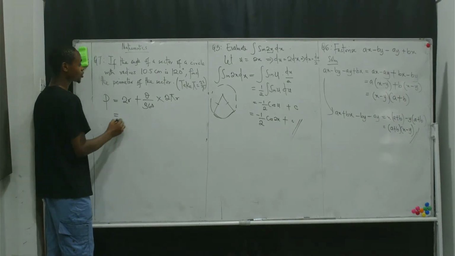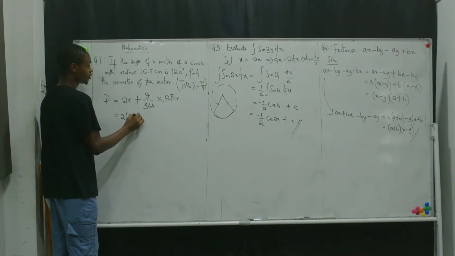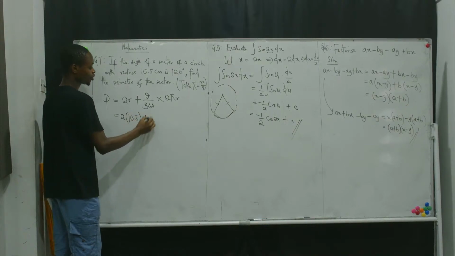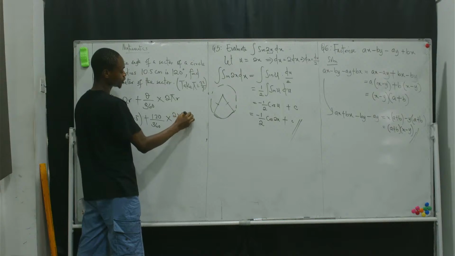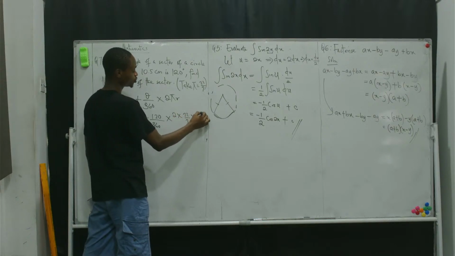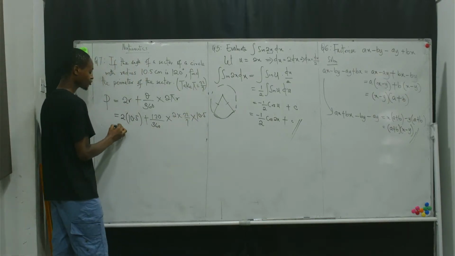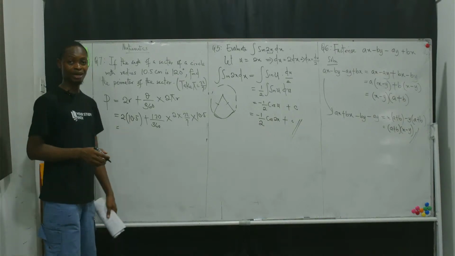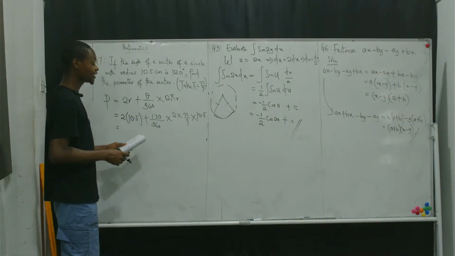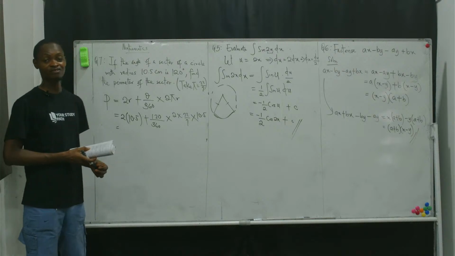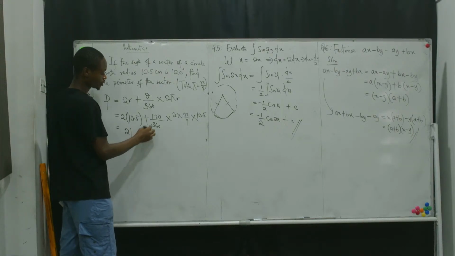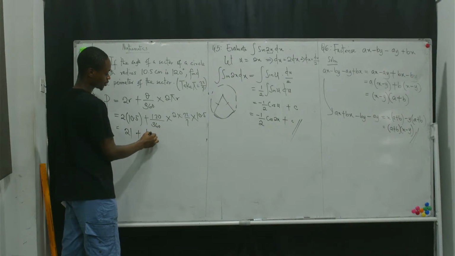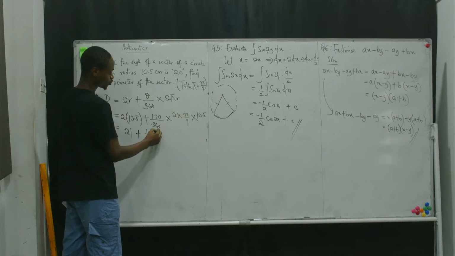So in this case, the perimeter is going to be 2 times 10.5 plus 120 over 360 times 2 times 22 over 7, which is what the question asked us to use, times 10.5. So, of course, by extension, multiplying this all together, 10.5 times 2 will give you 21, plus 1 over 3 times 21.